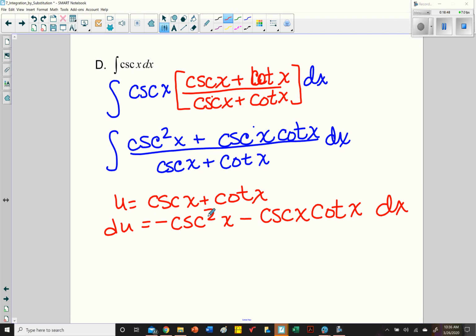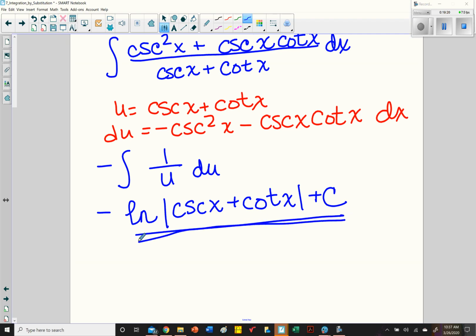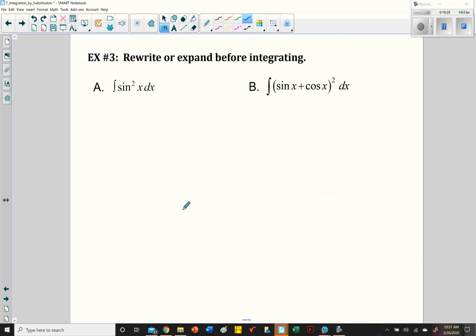Take that negative out and end up with 1 over u du, because pulling this negative out is going to give us the numerator. And then same as before, just negative here. We have negative natural log of u, and u was cosecant plus cotangent, absolute value plus a constant. So trig ones are a little triggy, but they're doable.